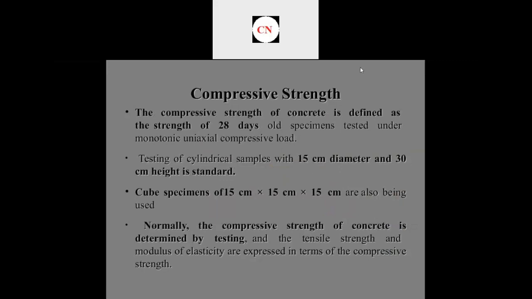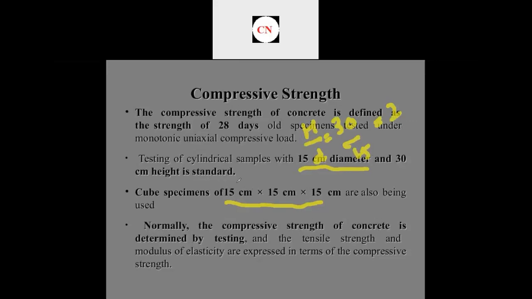The same testing procedure is highlighted in this particular slide. You can note down the dimensions of the cubes and the cylindrical specimen from this slide. The cylindrical sample is tested with 15 centimeter diameter and 30 centimeter height, so the height to diameter ratio is 30 divided by 15, which is 2.